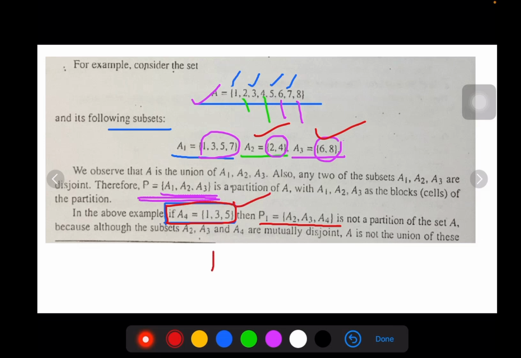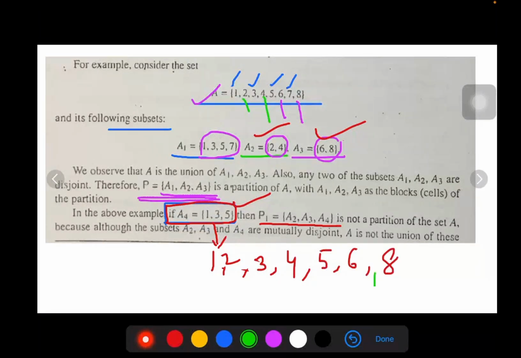Yes, 1 is there from this. I am just going to write all these elements together. 1, 2 from the second set, and 3 from the fourth set, then 4 from the second set. Next, 5 from the fourth set, 6 from the third set, 7 is not there, 8 from this set.